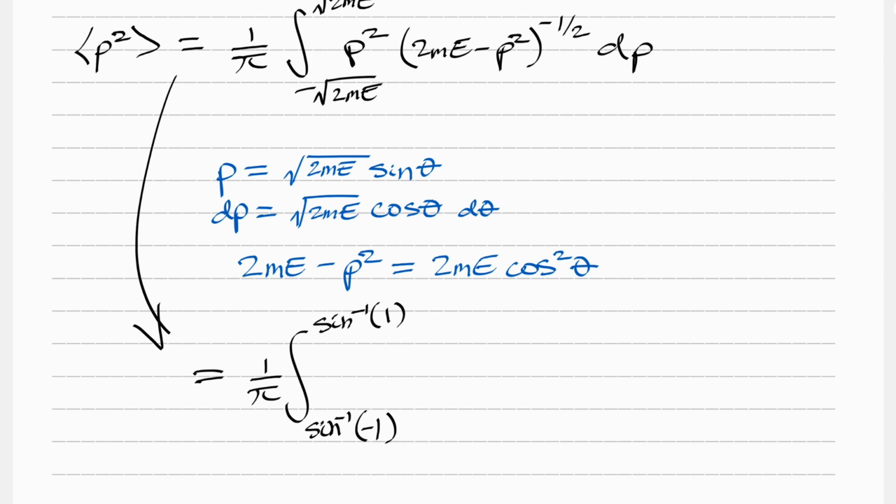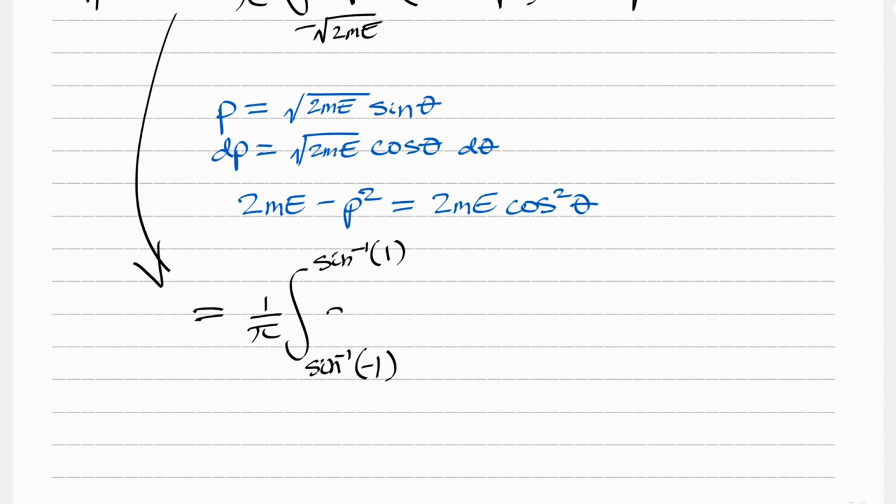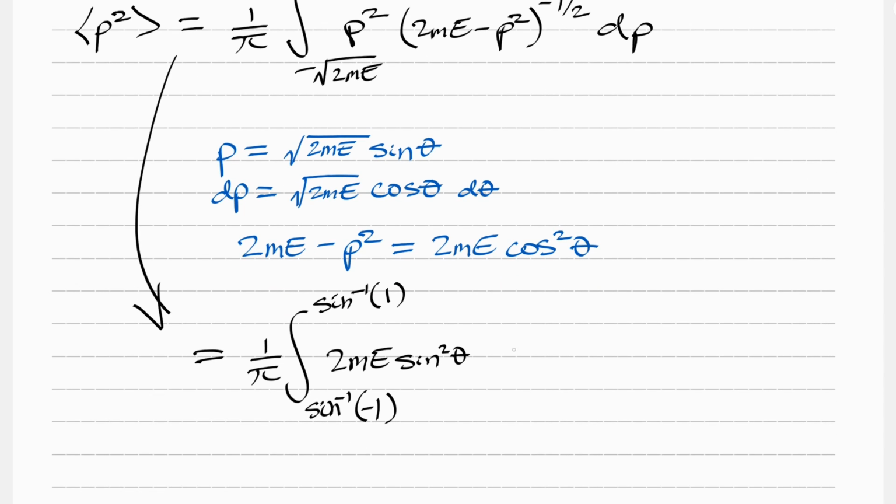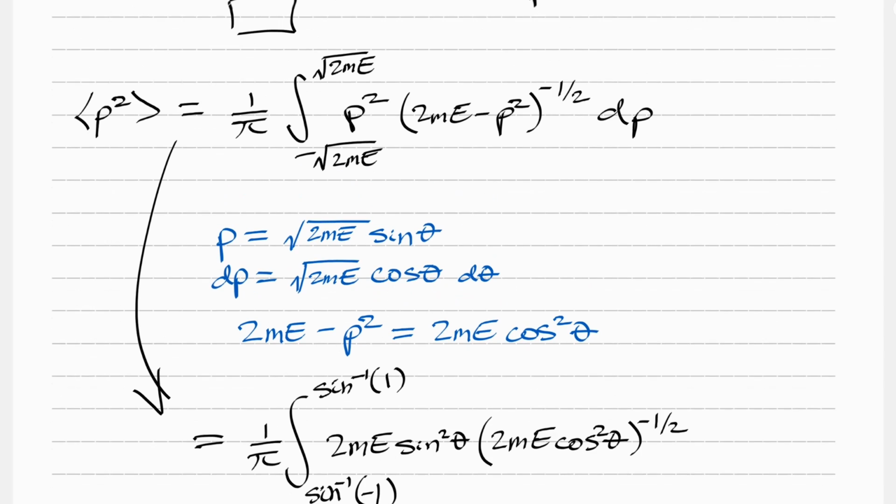p squared is going to be 2mE sine squared theta. And then we have 2mE minus p squared to the minus 1/2 power. So that is going to be 2mE cosine squared theta to the minus 1/2 power.